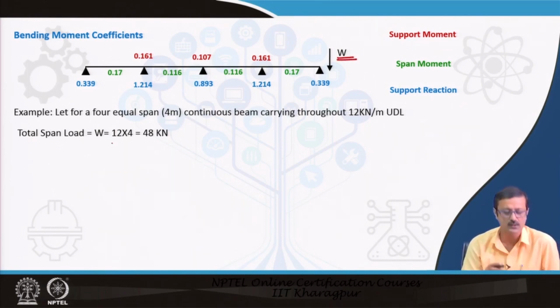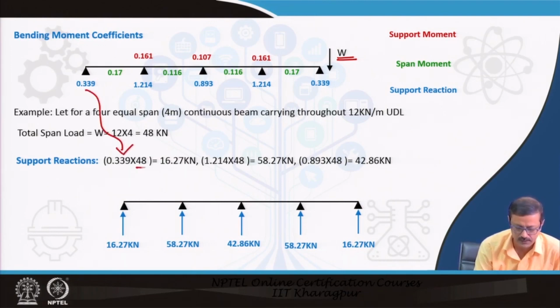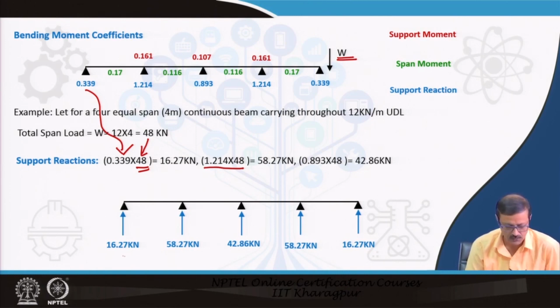The total span load is 12 into 4, 48 kilonewton, right. So, per span it is 48 kilonewton, because 4 meter is the span and 12 kilonewton per meter is the load intensity. For the support reaction, how can I get it? The coefficient has to be multiplied by 48. See, this 0.339 has to be multiplied by 48. Then here 1.214 is multiplied by 48. Like that, if you multiply, you will get the support reactions ready.